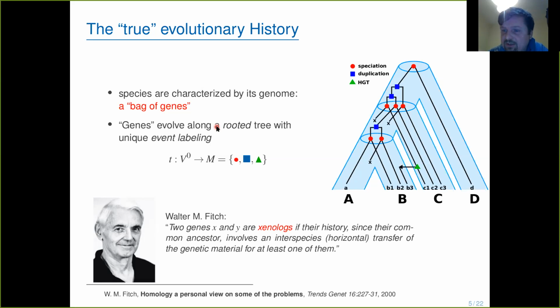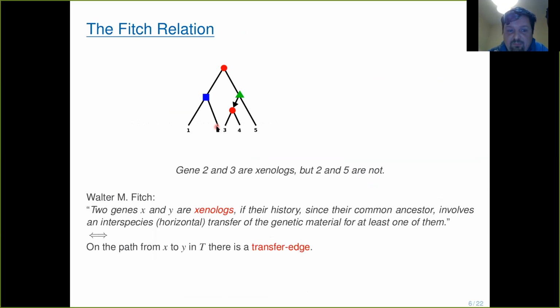It's a nice definition, right? So let's have a look at this tree here. This is just a gene tree. We do not need to consider here the underlying species tree. And we have these particular types of colored edges and vertices.